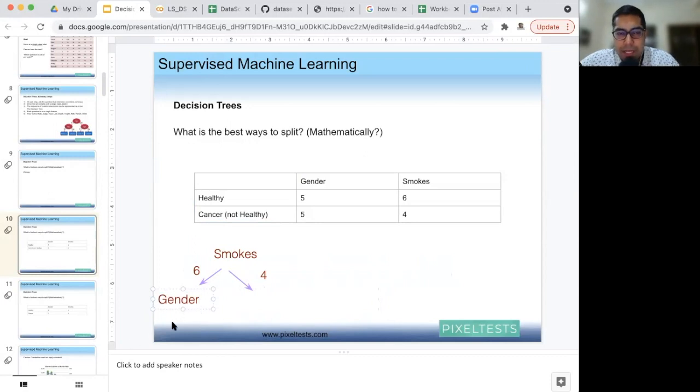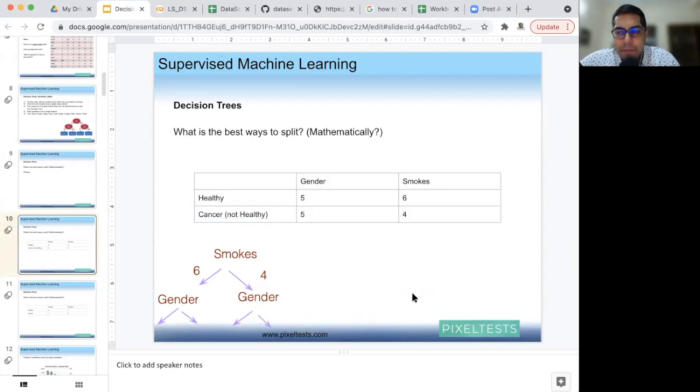And then based on that, again I split. Here, and same thing here, gender. Right? Is this the first tree?